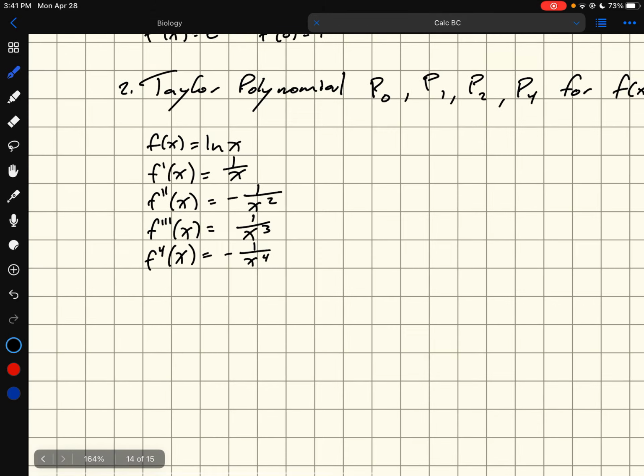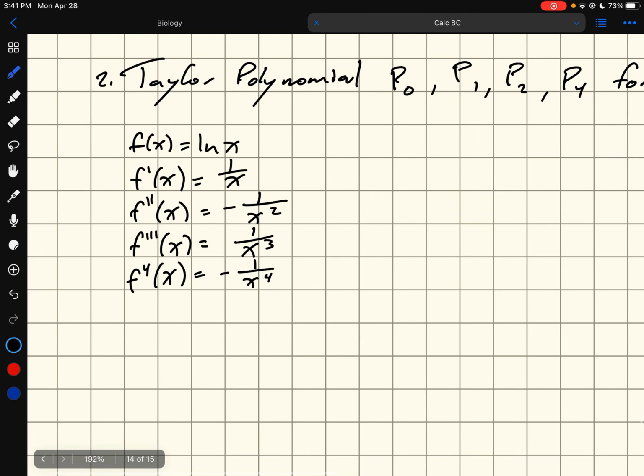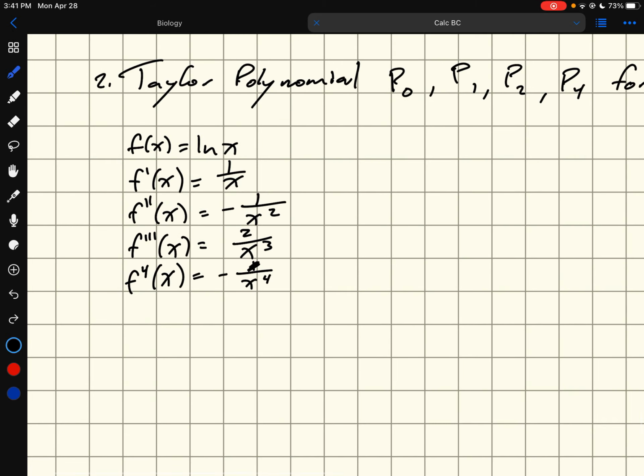Oh, wait a second. I forgot you're bringing down the exponent, so no. Okay, I'm just going to cross it out. This is actually a 2, because you're bringing down a -2 from here. And then that means this one would be a 6.